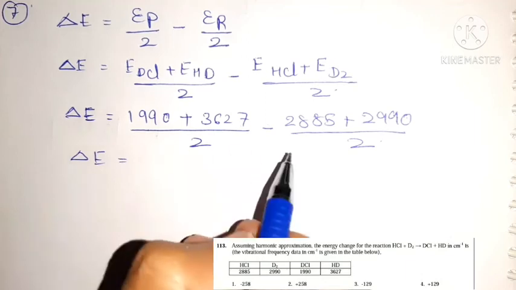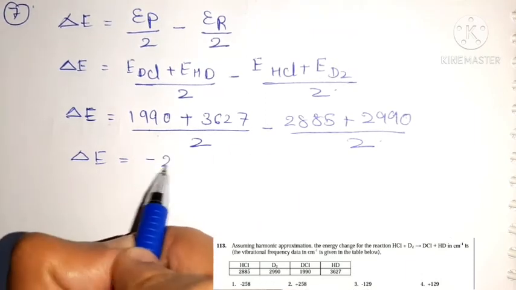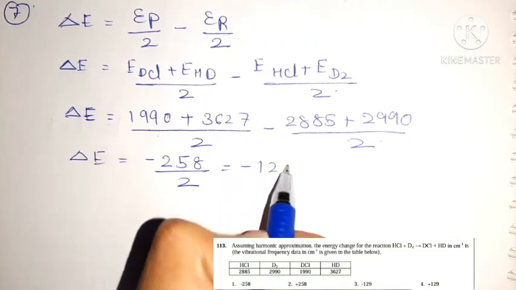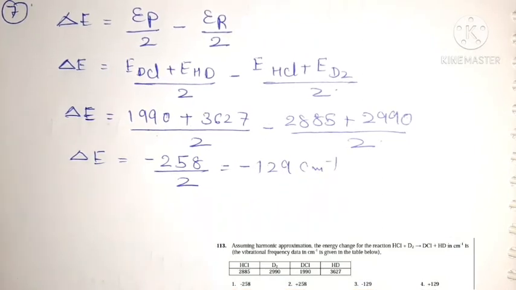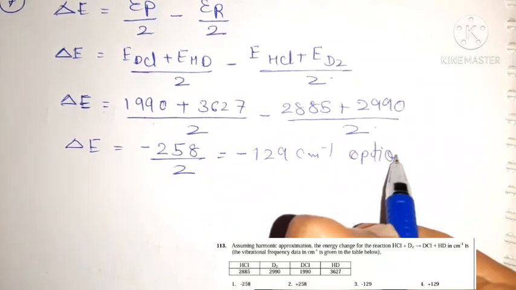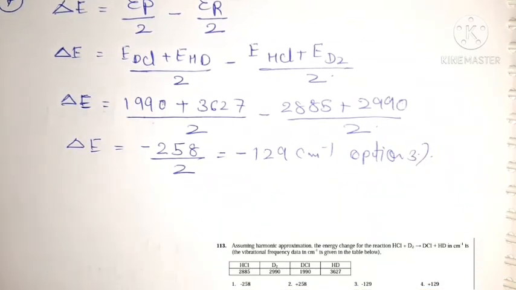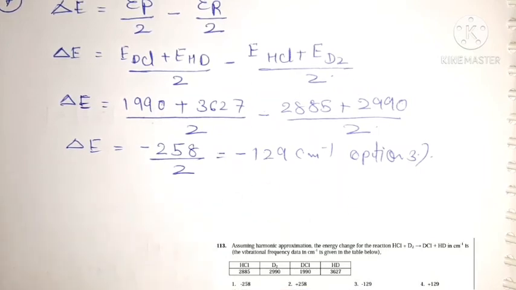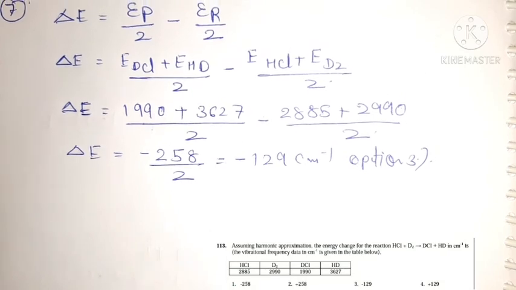When you solve this calculation, delta E is minus 258 by 2, which is equal to minus 129 centimeter inverse, and this is your option number 3. So the change in energy for this reaction is minus 129 centimeter inverse. Okay. So this is again a very simple question, friends, and this question is again asked for 4 marks. I hope you understand it.